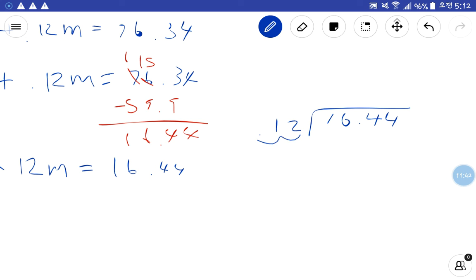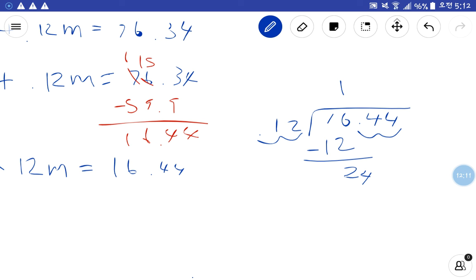Move your decimal point. And how many 12s can go into 16? 1 time. Oh, oops.